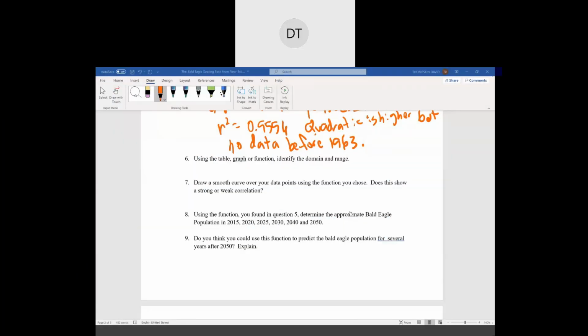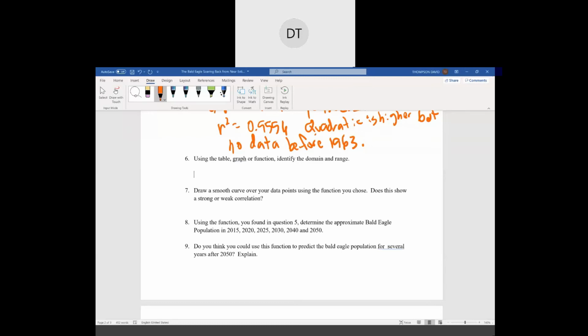All right, now we're ready to answer using the table, graph, or function, identify the domain and range. So let's write down domain. We'll use D. So we're just going to use the table. So our smallest x value, which is our domain, will be 1963.